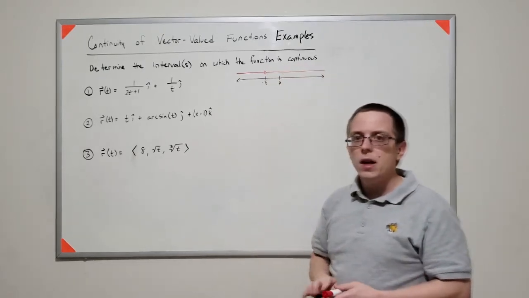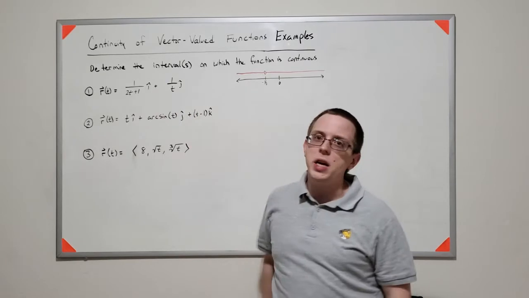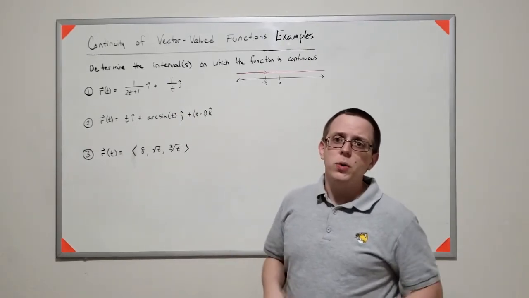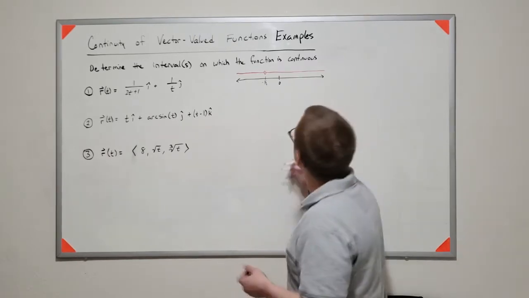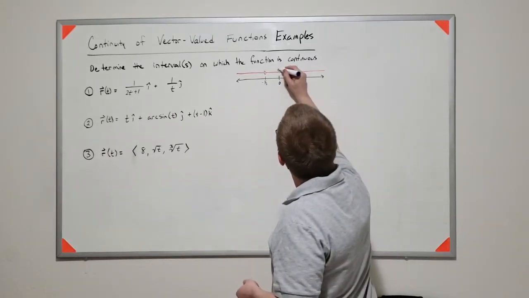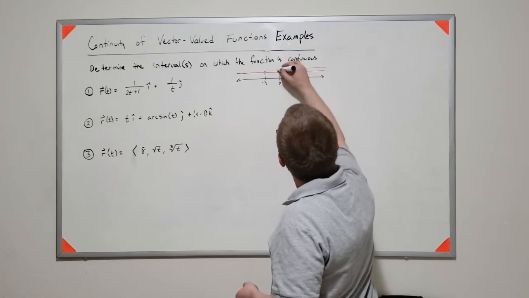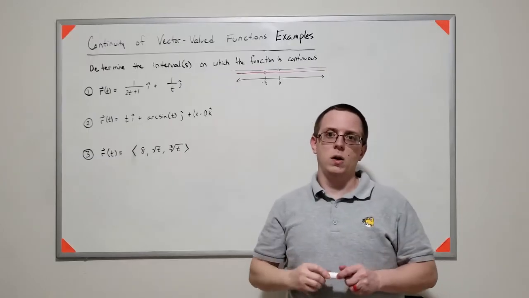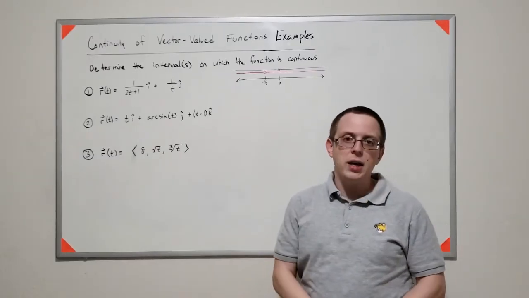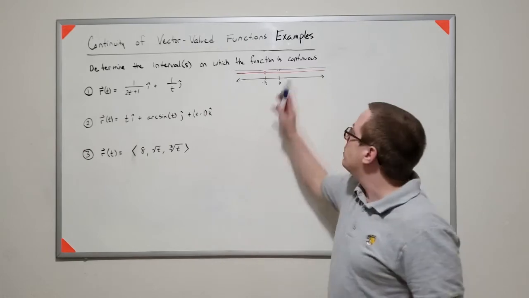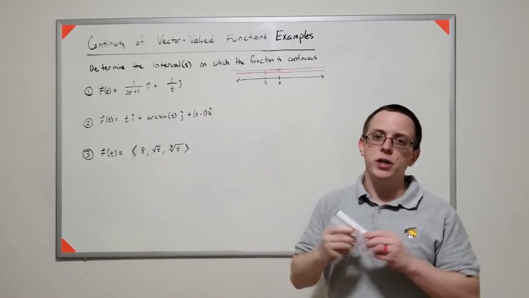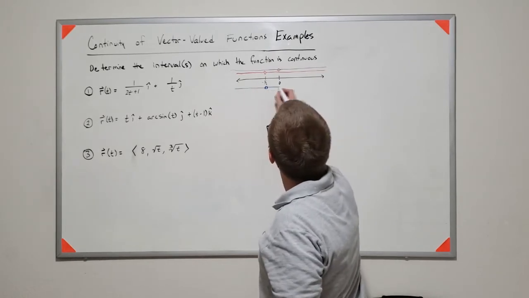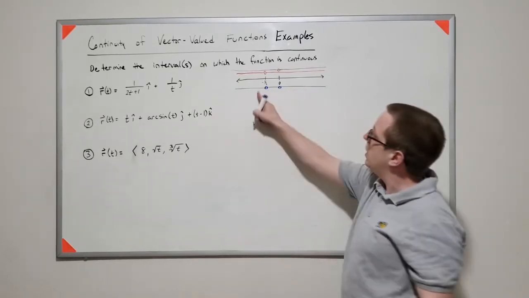Okay? So then we look at 1 over t. Well, 1 over t is fine everywhere except for t equals 0, so it blows up there. So what we do is we put these together, and we take those holes from each one of them, and what's left over is your final result. So if I put those two together, I get this.